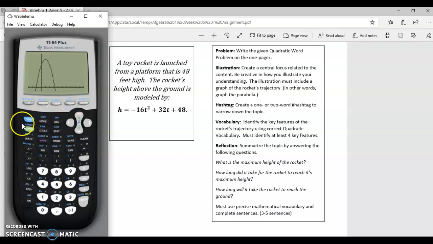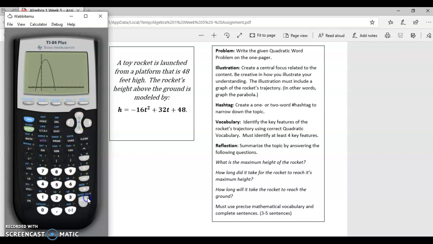So second, trace, option number 5, and I'll take my spider, which is that x, and right now it says that my y value, my height, is negative 148. So I know that I've gone too far to the right, so I'm scrolling backwards until that y value gets close to 0. I'm not there, but the closest I can get is negative 3.